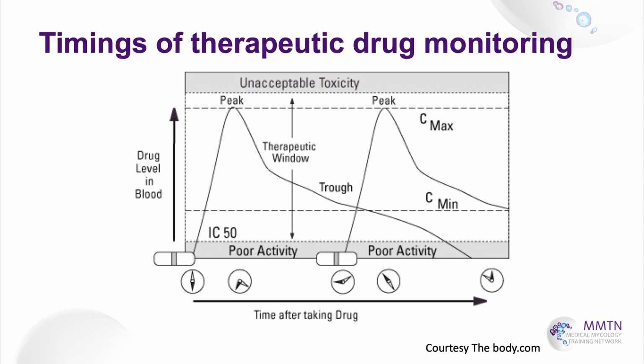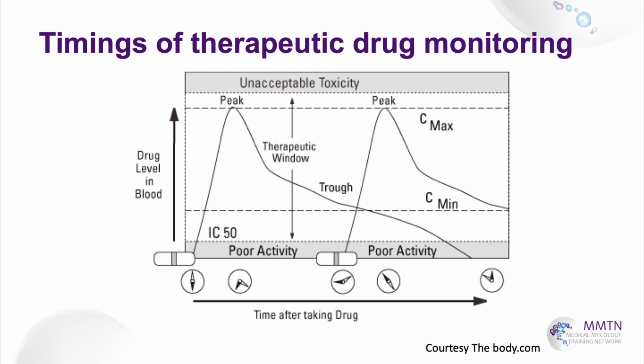Trough levels are the levels where you administer the medication, and before administration of the next dose, you collect a level to make sure that the patient has maintained the level well above the MIC of that particular organism. So the trough level is the drug level that you collect just before the next dose, and the peak levels.